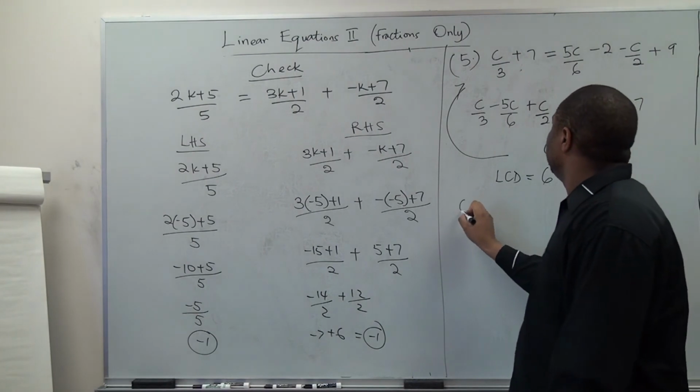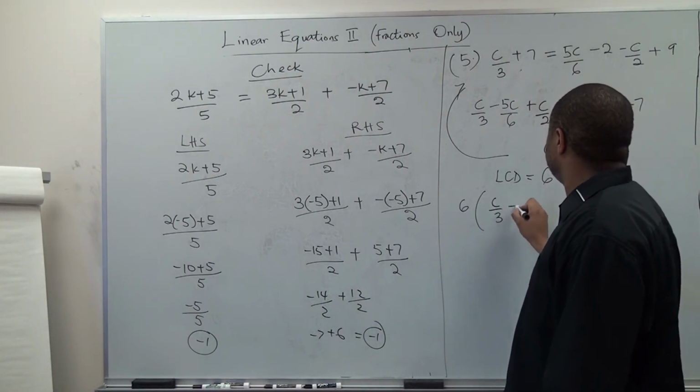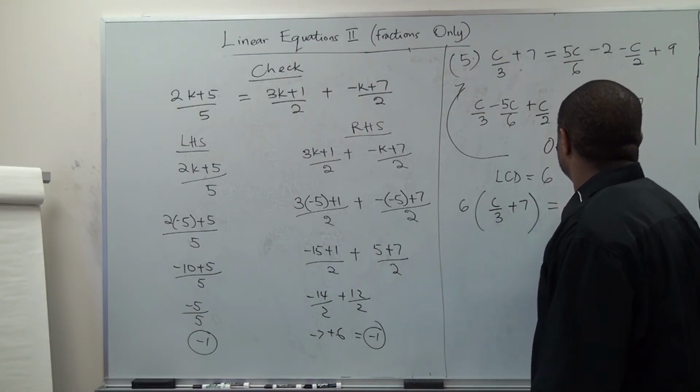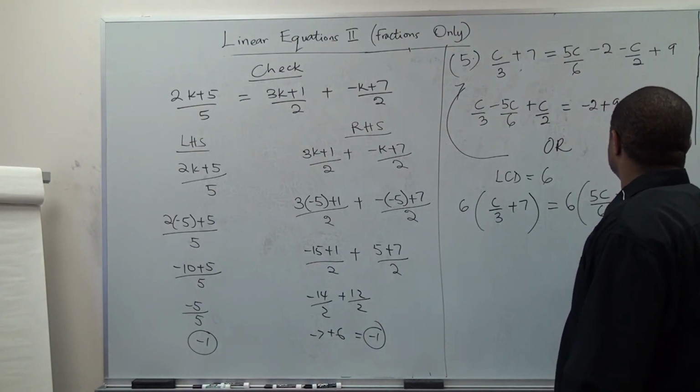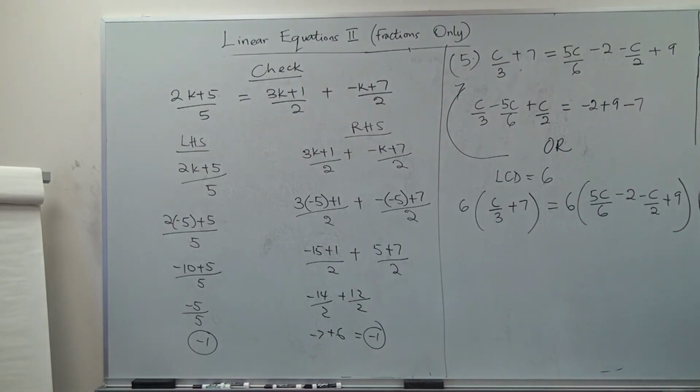All of them. 6 times c over 3 plus 7 equal to 6 times 5c over 6 minus 2 minus c over 2 plus 9. We can do that. But if you want to use cross products, then that is when you start with arranging it.